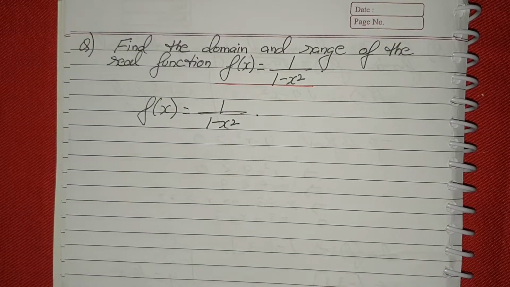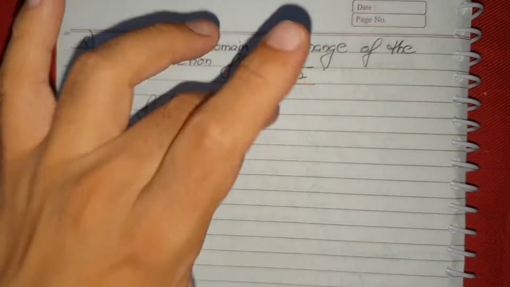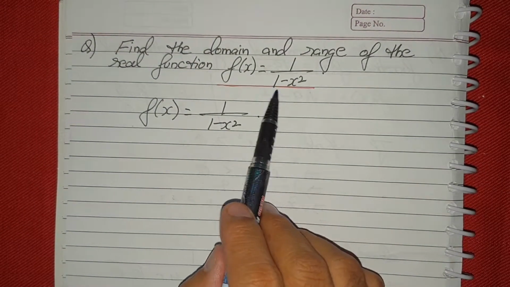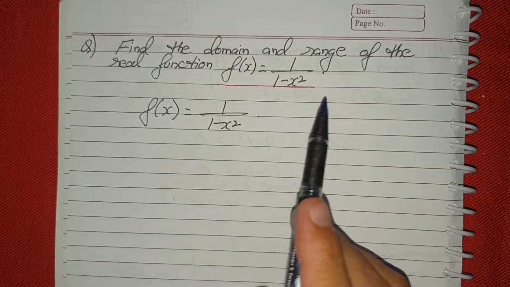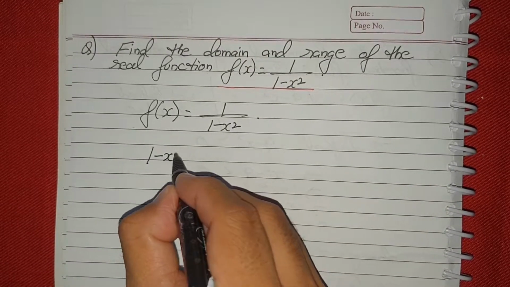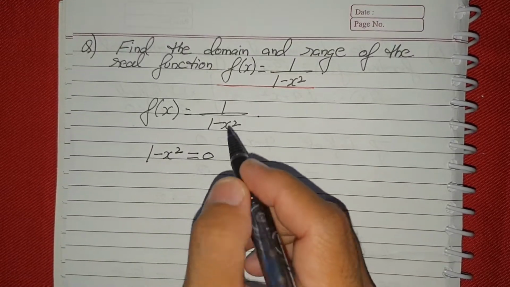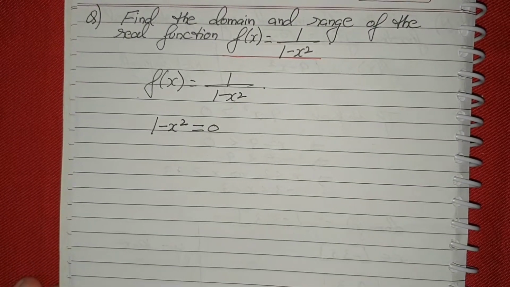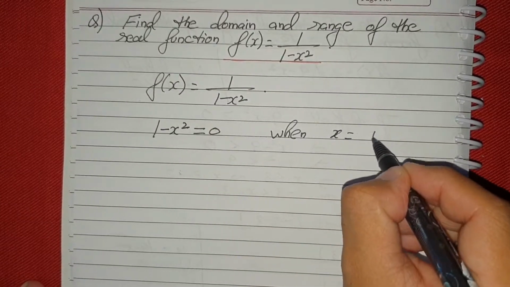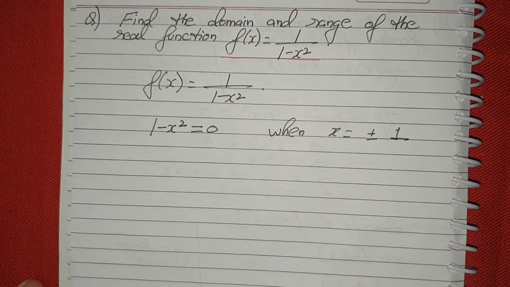Clearly f(x) is not defined when 1 minus x square becomes 0, and 1 minus x square becomes 0 when x equals plus or minus 1.